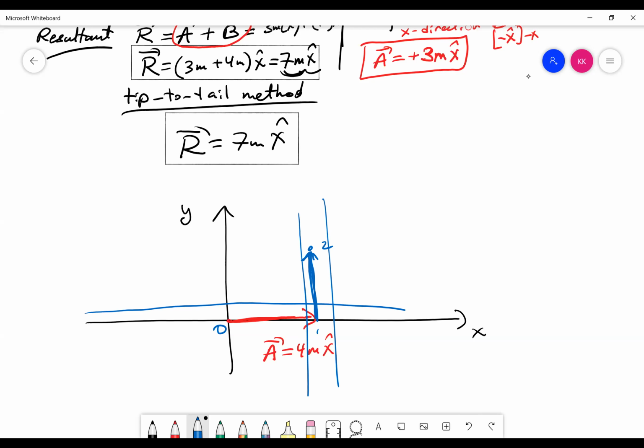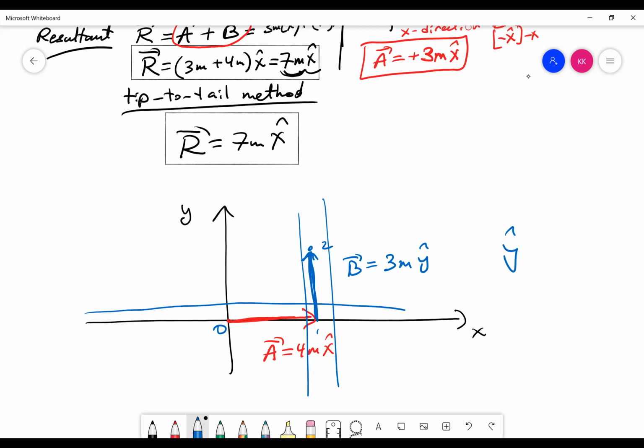So then what we have here is the B vector, which represents a displacement from 1 to 2. Let's say it's 3 meters, but I can't write x hat anymore because this is not horizontal. What do I do for the vertical? Well, I put y hat, which indicates it's a vertical vector in a positive direction.